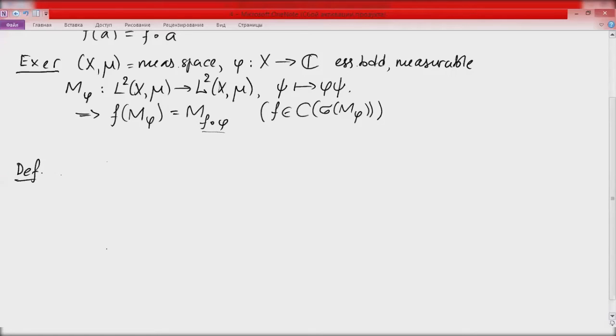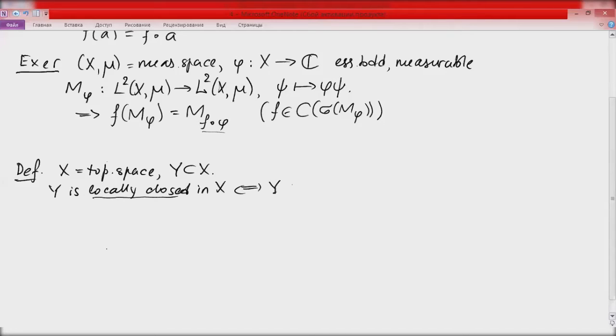Before we can do it, let's recall some definitions from general topology. Suppose that X is a topological space, and suppose that Y is a subset of X. We say that Y is locally closed in X if Y is an open subset of its closure. Well, here's a couple of simple examples.